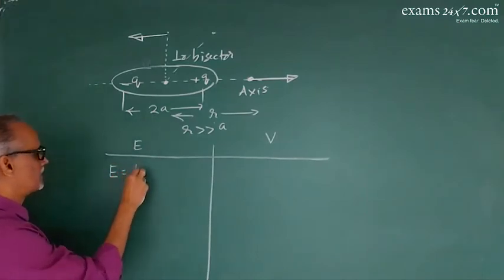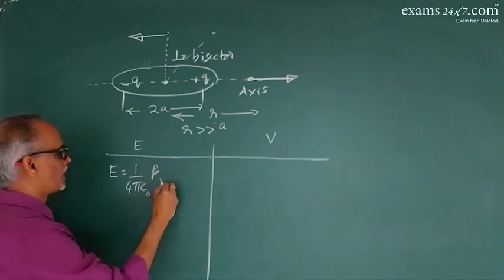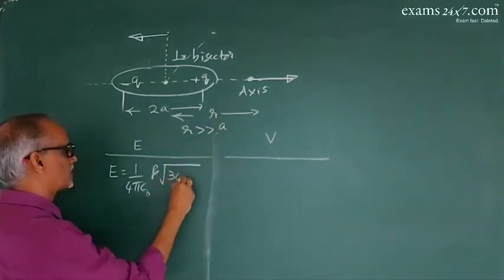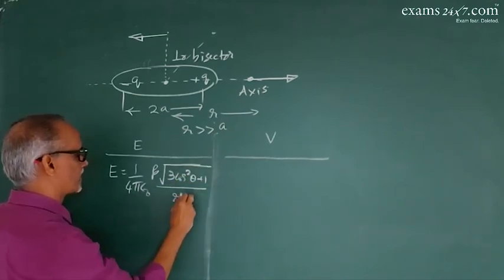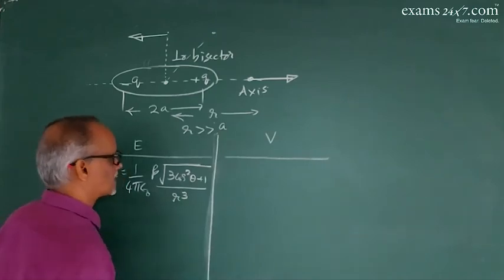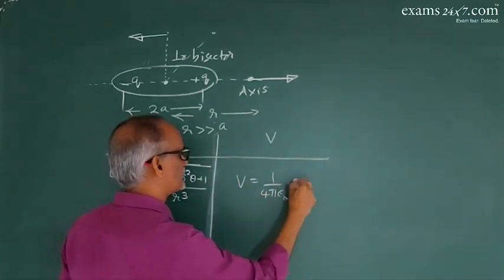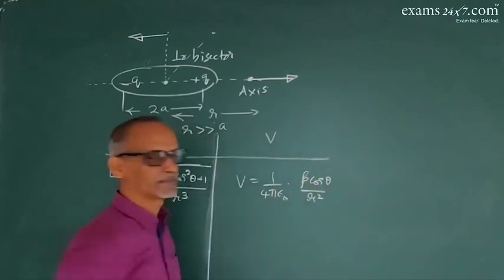So E is given by 1 by 4 pi epsilon naught P into root of 3 cos square theta plus 1 by r cube. Whereas the potential is given by V equals 1 by 4 pi epsilon naught P cos theta by r square.